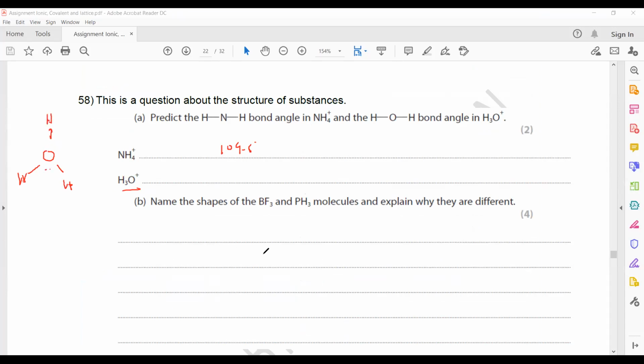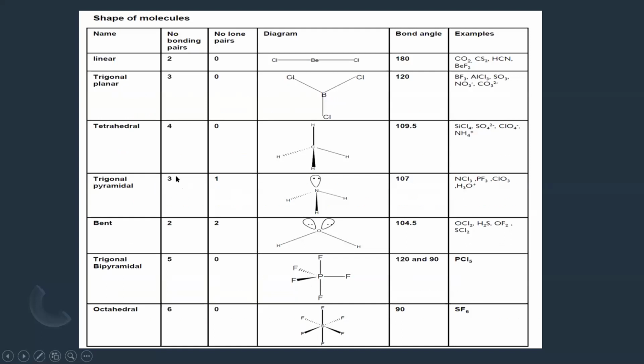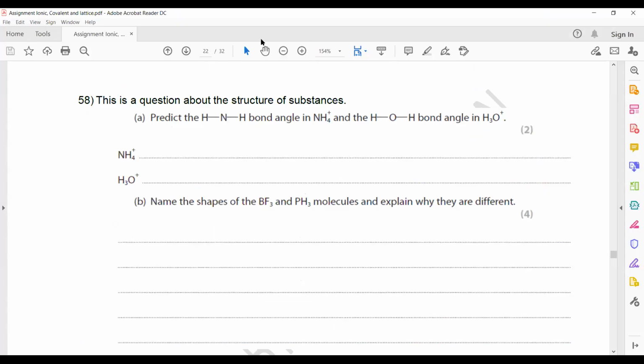So 3 bond pairs and 1 lone pair. So it will be trigonal pyramidal with a bond angle of 107. So the first one was 109.5 tetrahedral, and the second one is trigonal pyramidal, 107.